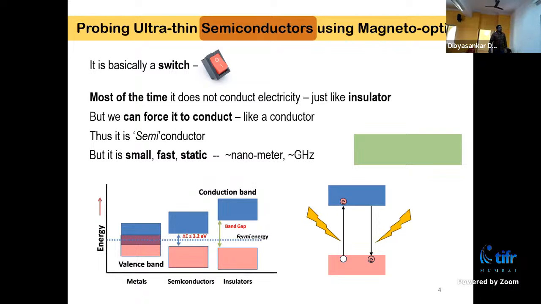And then you somehow excite one electron from somewhere to somewhere, and it leaves a hole where it was. But now the electron is a negatively charged particle, and the hole is a positively charged particle. So a positive charge will attract a negative charge because there is Coulomb interaction. Okay, Coulomb interaction means a positive charge attracts a negative charge.